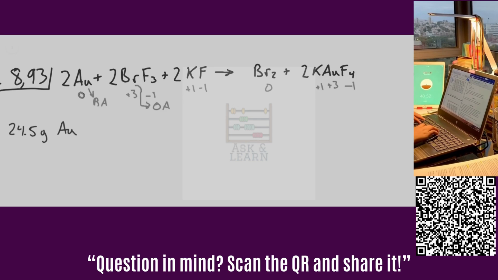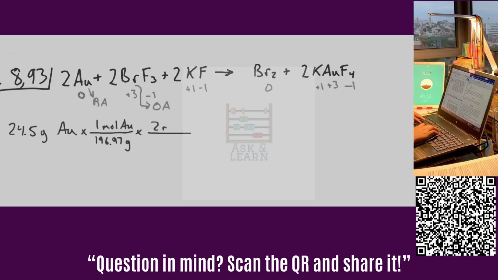So we can start with gold. We can see how much we would form by first converting to moles, dividing by the molar mass, 196.7.